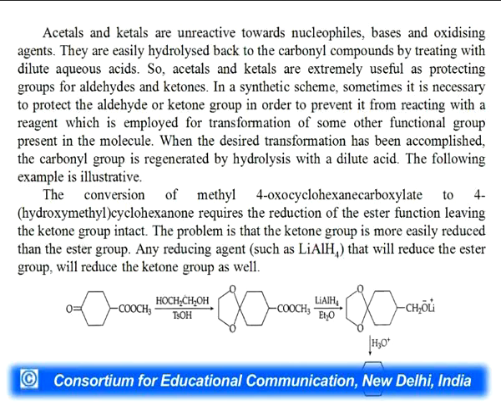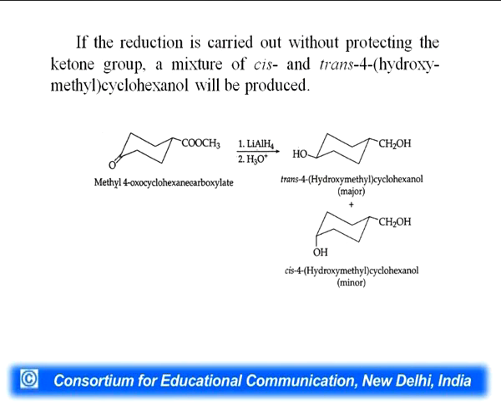You can see in the reaction how it proceeds and how the alcohol is formed. If the reduction is carried out without protecting the ketone group, then in spite of having the desired compound, we will also have a mixture of cis and trans 4-hydroxymethyl cyclohexanol produced. In the reaction, you can see that the ketonic group will also get converted to the hydroxyl group.